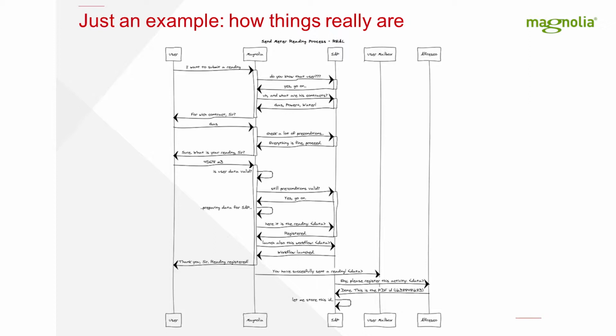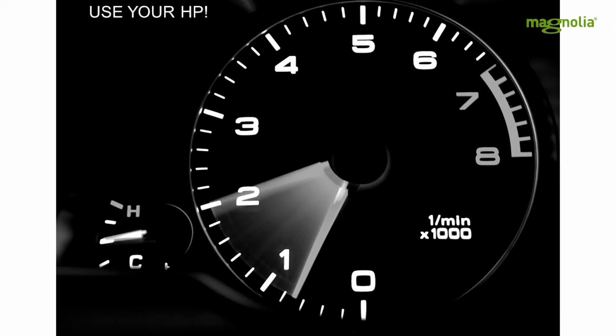Translate this for 23 processes, and you reach the complexity of the project. Looking at this diagram, I don't want to go through it, but you can imagine that a standard form builder is not enough.